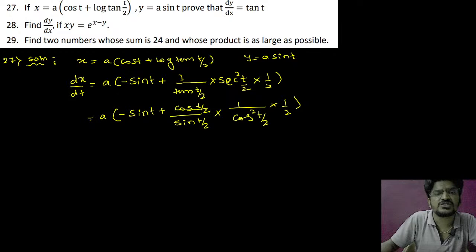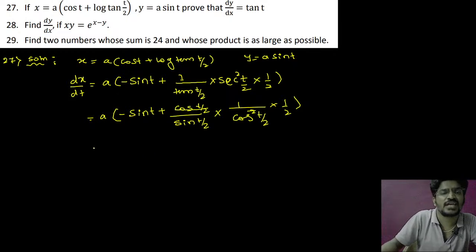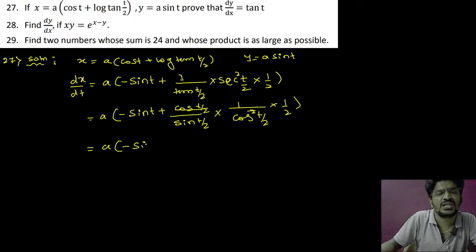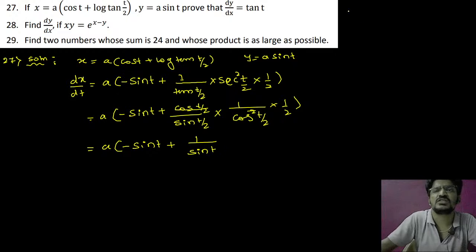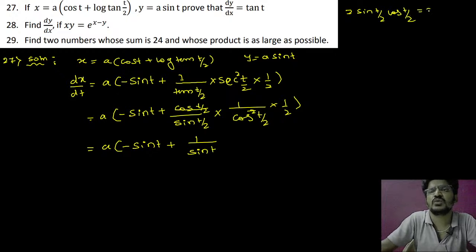So now cos t by 2 will get cancelled. That will be equal to a times of minus sin t plus 1 by 2 sin t by 2 cos t by 2. 2 times sin t by 2 into cos t by 2 is equal to sin t, I am using the sin 2t formula.